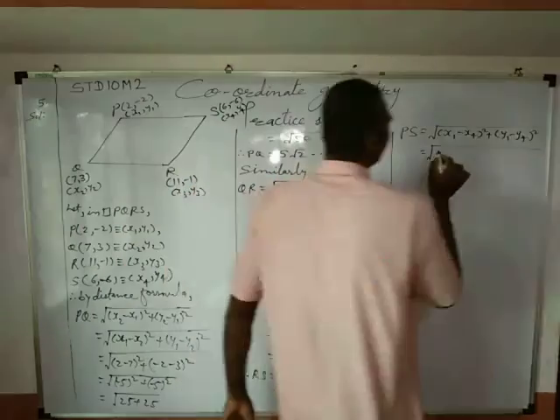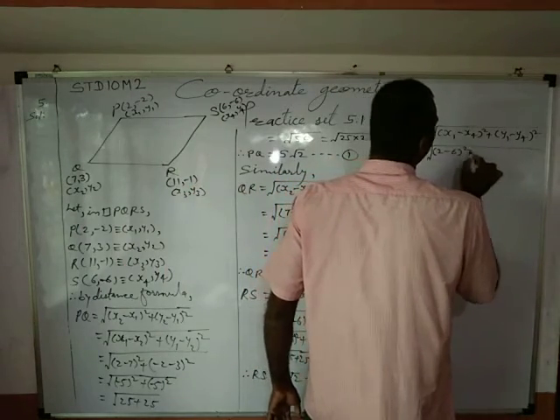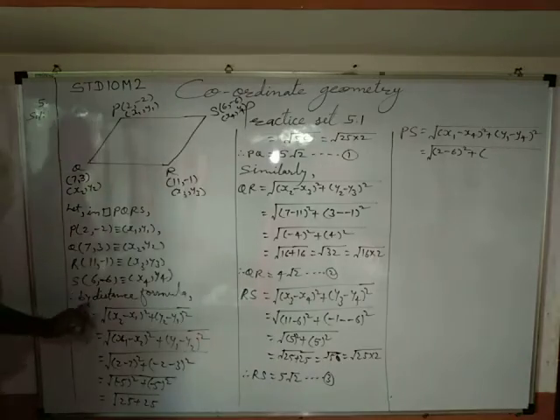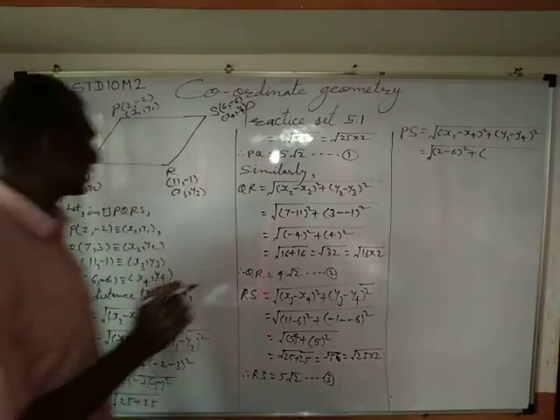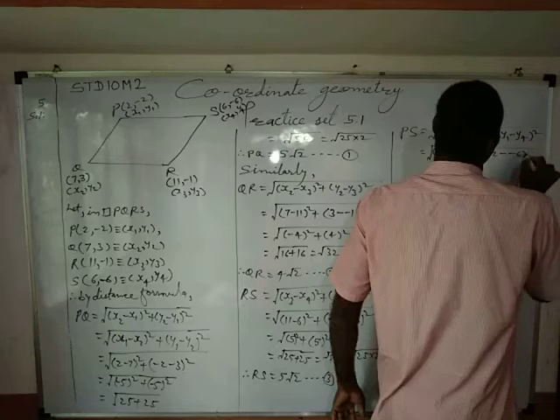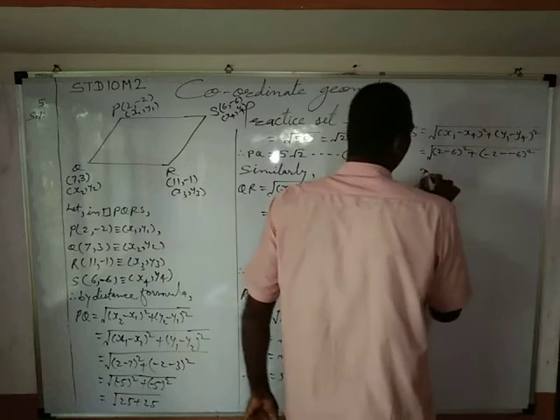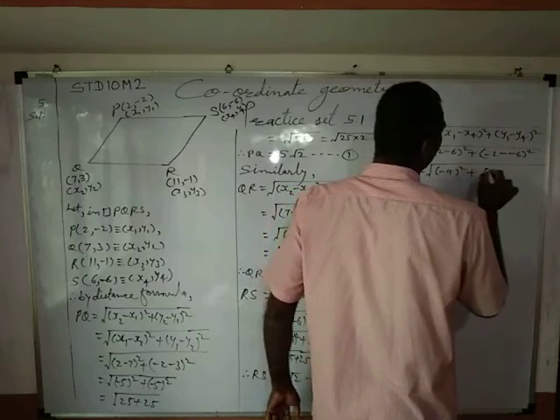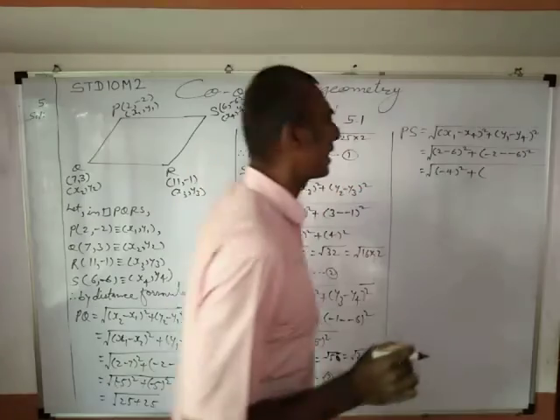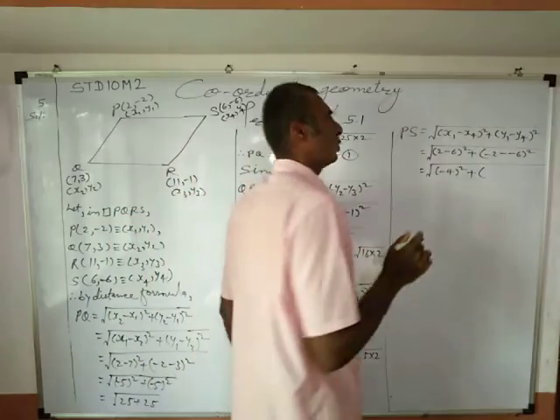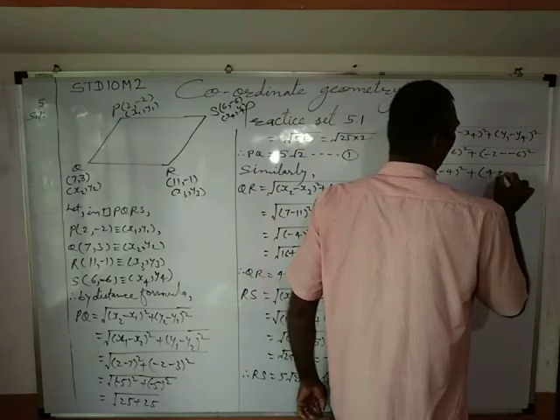That's why it will be (2 minus 6) square plus, y1 is minus 2 and y4 is minus 6, (minus 2 minus minus 6) square, equals under root (minus 4) square plus (minus 2 plus 6), minus 2 plus 6 gives us 4.